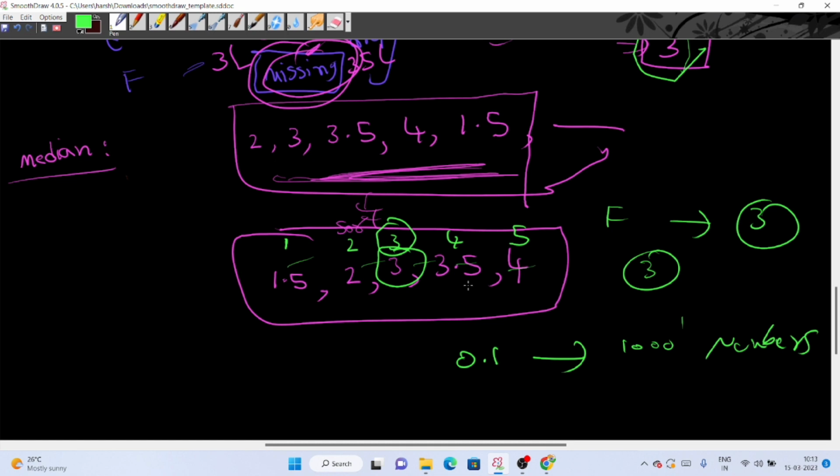It's just random. We may get the same answer for mean and median, or we may get different answers. In the next example, I will show you why exactly we use median although we have mean.